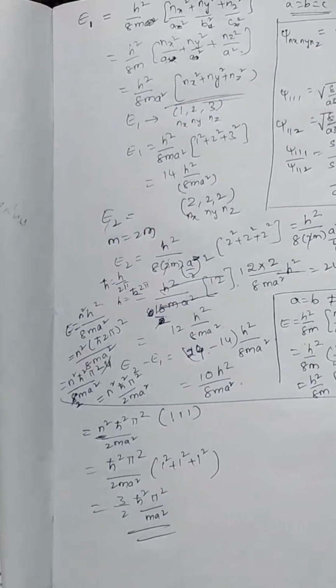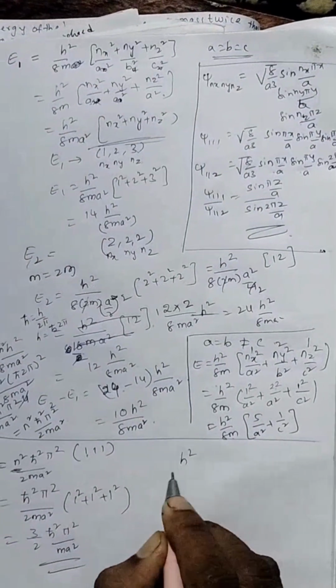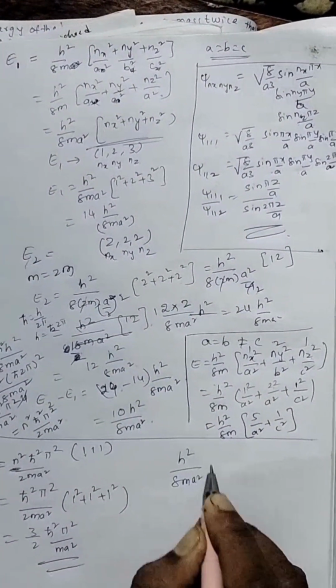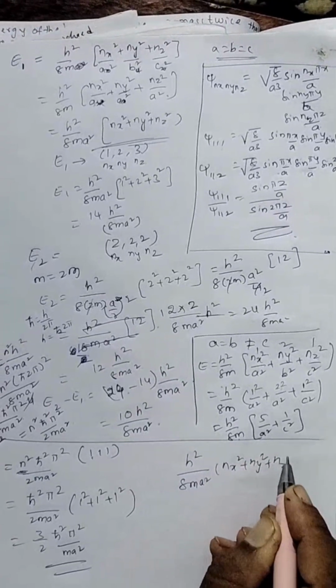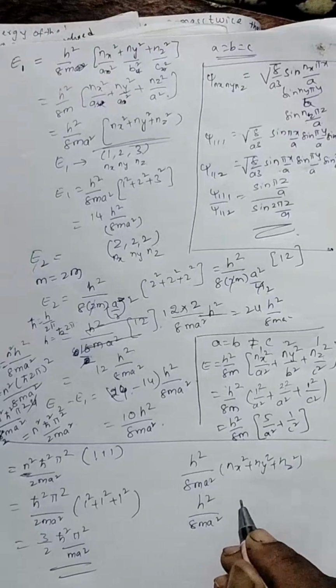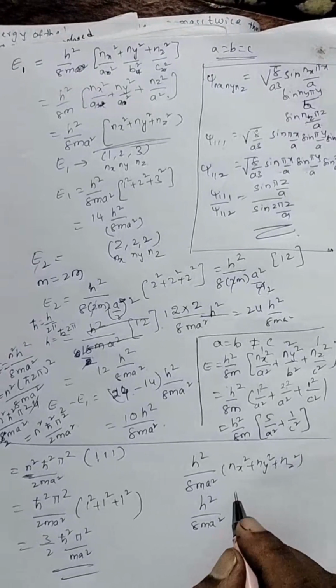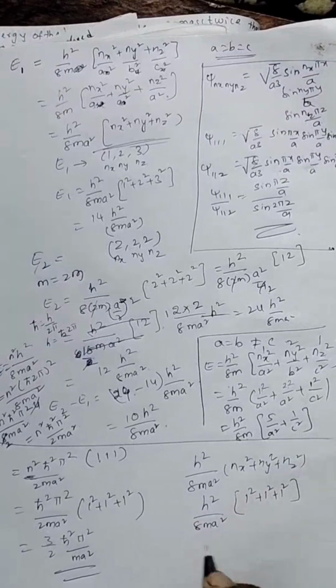Or directly also you can substitute, no? Take the formula instead of doing all these headaches. h square by 8ma square, 1 square plus 1 square plus 1 square, 3.